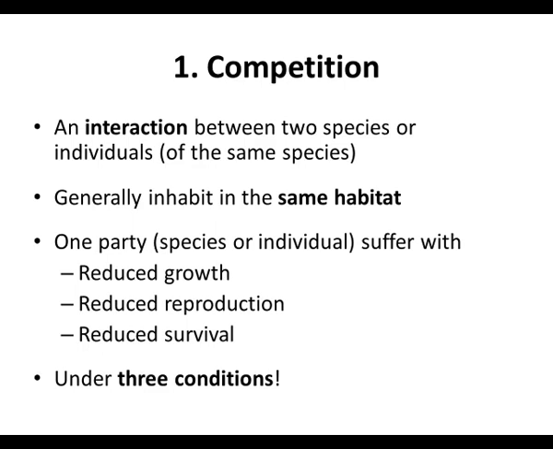Generally, they are in the same habitat competing for the same resource, and there's some cost to growth, reproduction, or survival for at least one of these interacting individuals. But we cannot say it's competition if the interaction does not meet these three conditions.